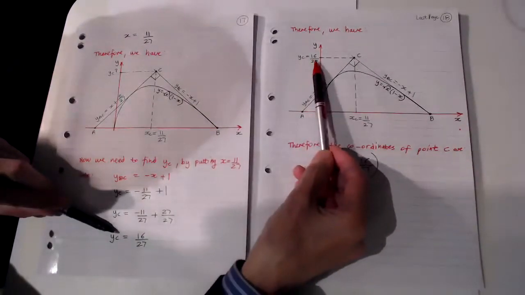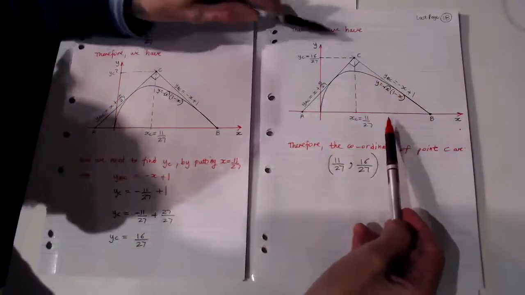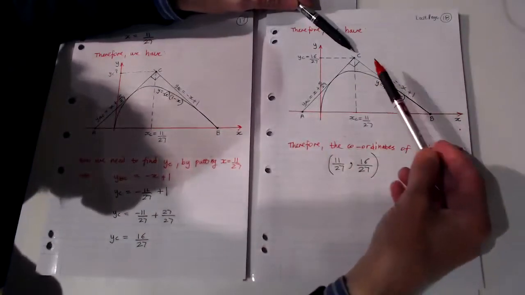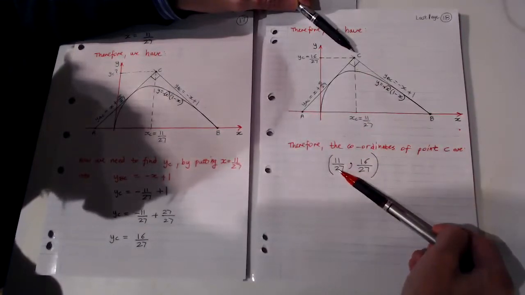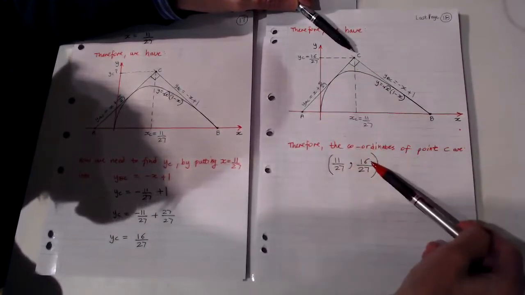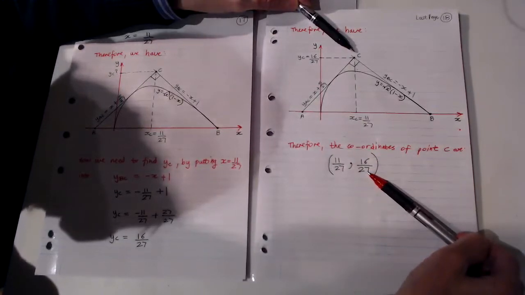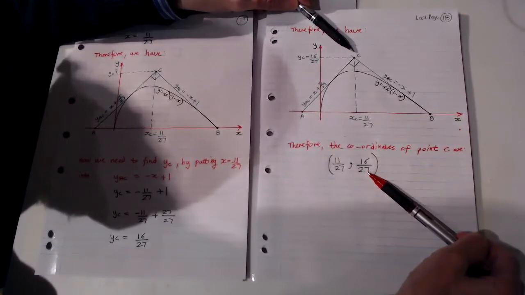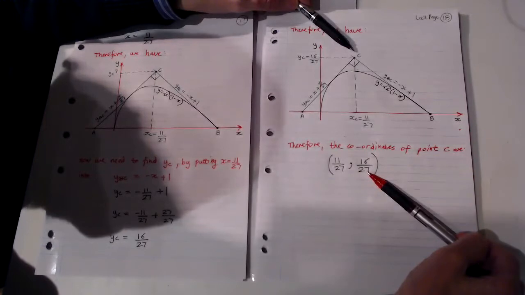So therefore, we now know that the coordinates of point C are x is 11 on 27 and y is 16 on 27. So as a result, we have answered that question completely, and we have completely answered the whole of question 9.